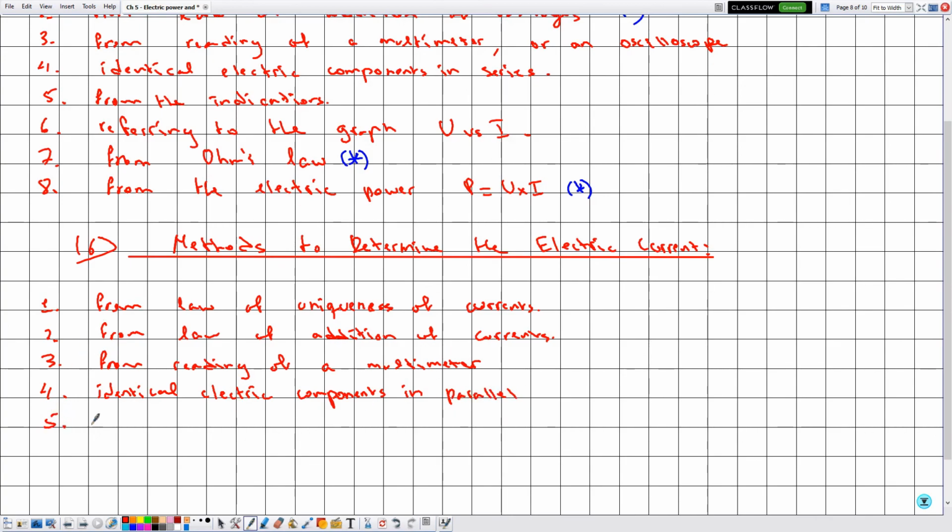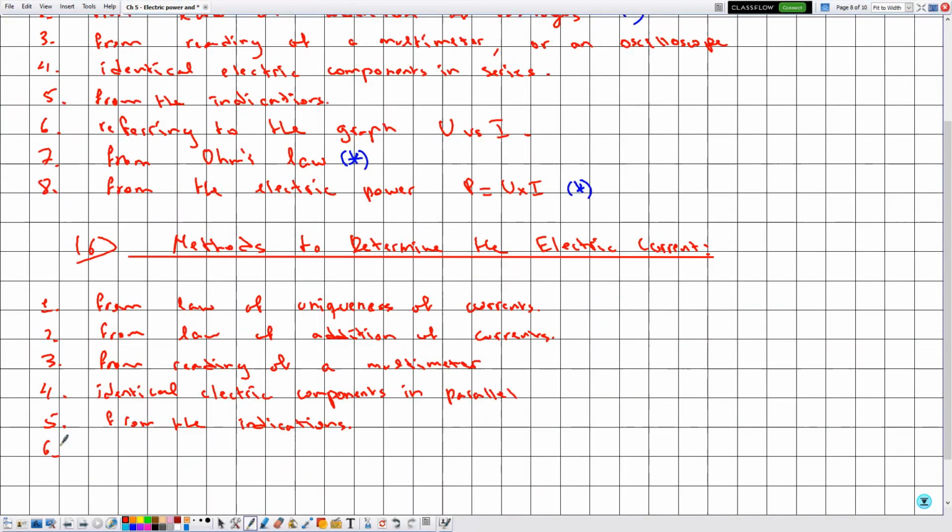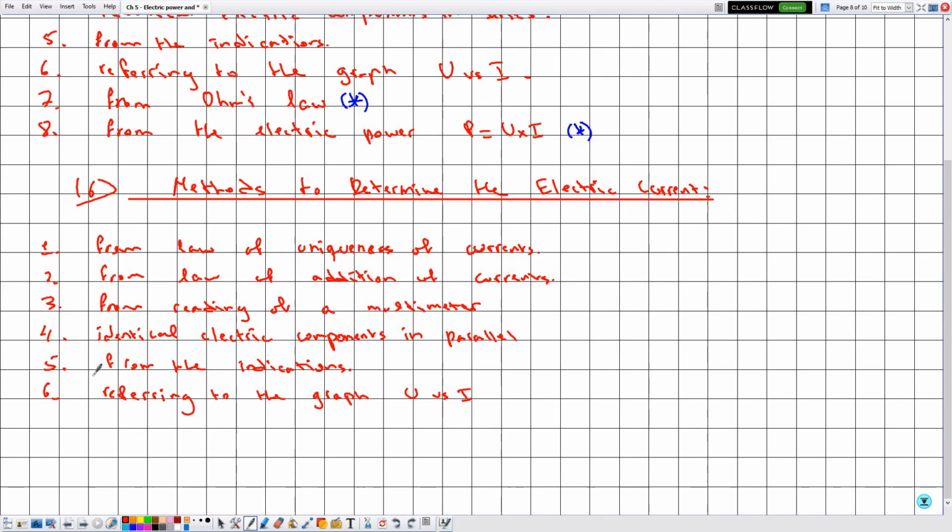Now idea number 5, also from the indications, we can determine the current. Now also here, if we know U and we refer to the curve, we can determine I. So let me write referring to the graph U versus I. As for idea number 7, also from the famous law, Ohm's law.